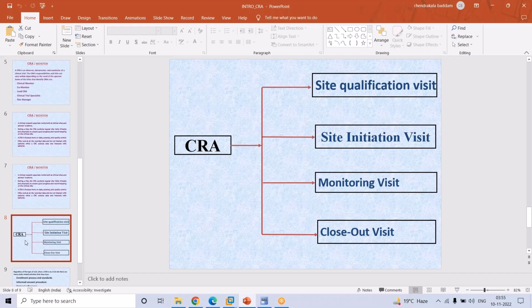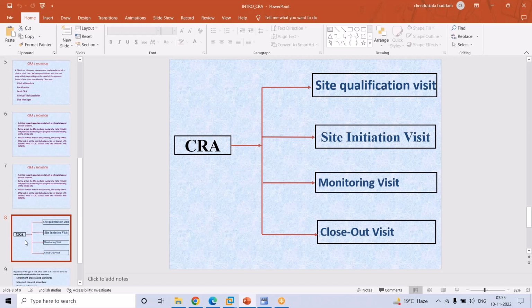So once they approve the site is good with all the equipment, with all the staff, that the site is ready to kickstart, then they'll start to conduct the site initiation visit. They'll approve this, select the study site. After that, they visit for the site initiation. Okay. So before we start the clinical trial, site initiation visit will happen.